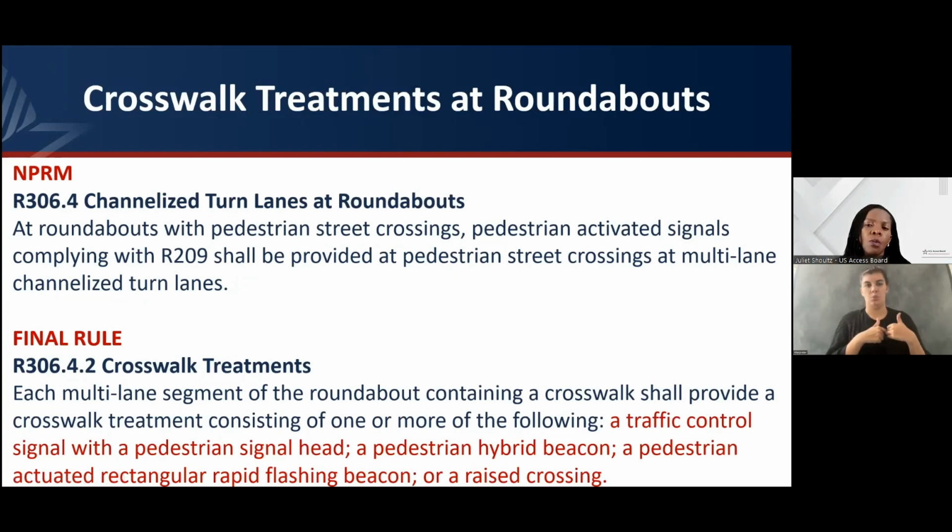We have expanded crosswalk treatments at roundabouts and multi-lane channelized turn lanes to include a traffic control signal with a pedestrian signal head, a pedestrian hybrid beacon, a pedestrian actuated rectangular rapid flashing beacon, or a raised crossing. In the NPRM at R306.4, channelized turn lanes at roundabouts, we required that at roundabouts with pedestrian street crossing, pedestrian activated signals be provided at pedestrian street crossings.